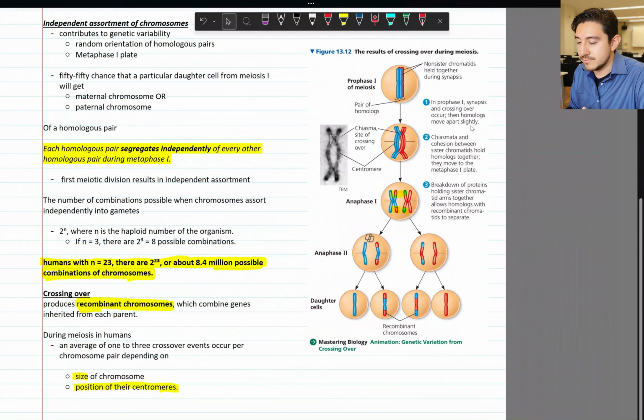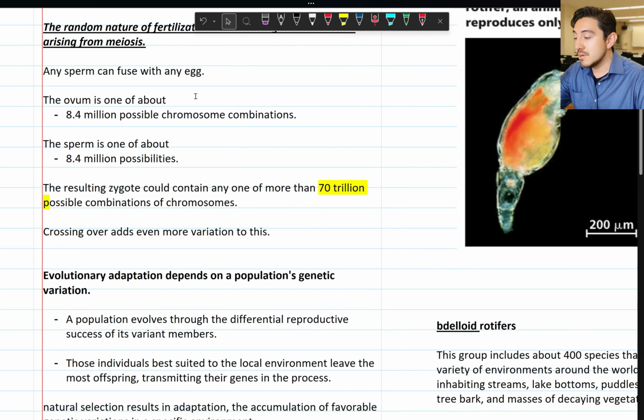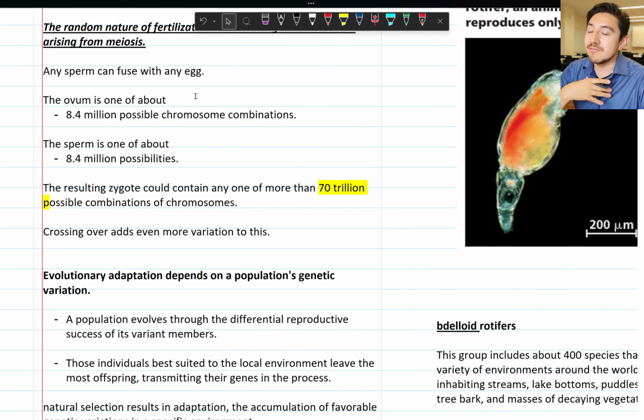And lastly, random fertilization. So this adds that third layer of variation, right? Because any of those 4 sperm cells, any of those 4 sex cells can, I don't want to say be selected, but by chance, one of those 4 will fertilize one of the eggs that are being formed.